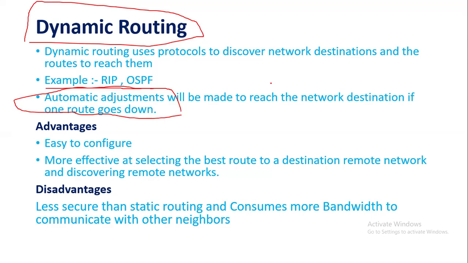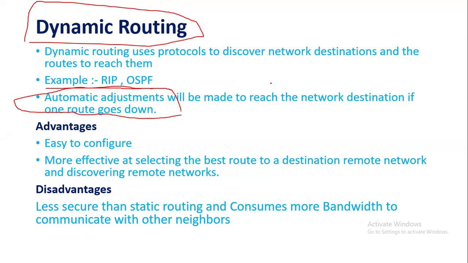That is the benefit of dynamic routing, because they select the path and network destinations using protocols like RIP, Routing Information Protocol, and OSPF, Open Shortest Path First. Depending on the dynamic protocol, they decide their path and reach the destination network.